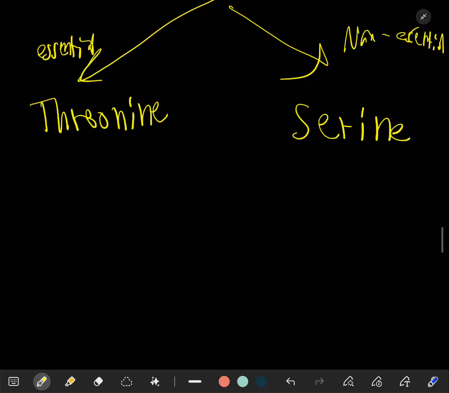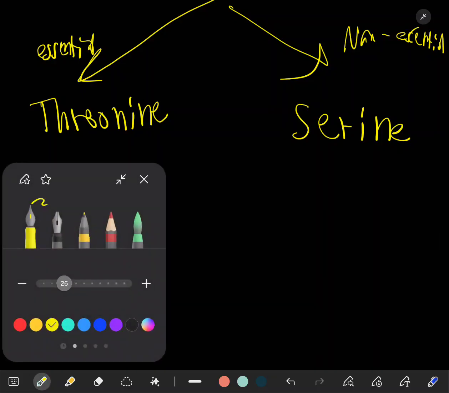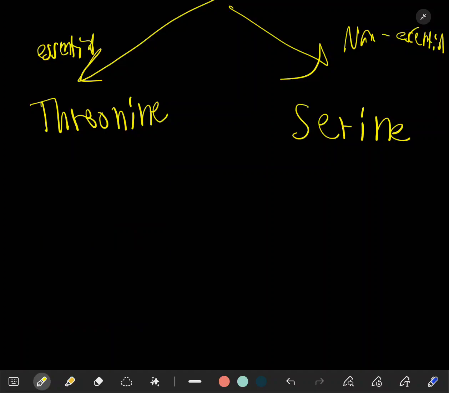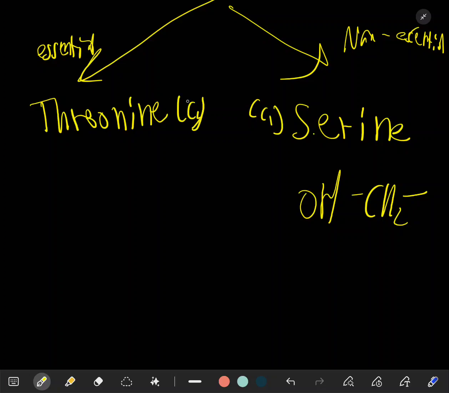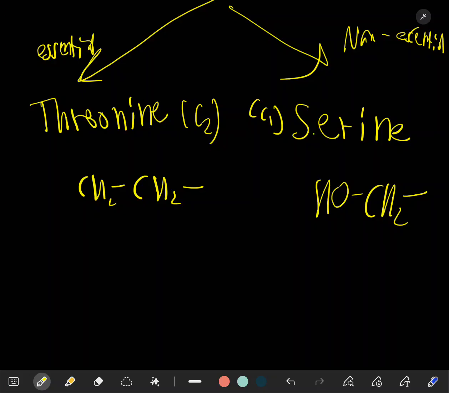Now for the structure of these, we need to remember C1 and C4. Threonine only uses C1 C3. Serine was simple because this was CH2OH, this is C1, and threonine is known as C3. So over here we have CH2 and then CH2OH.